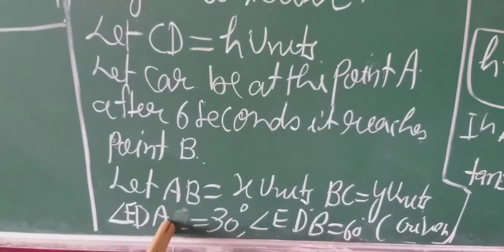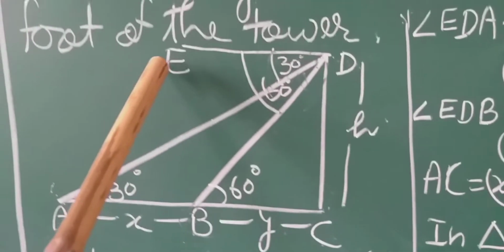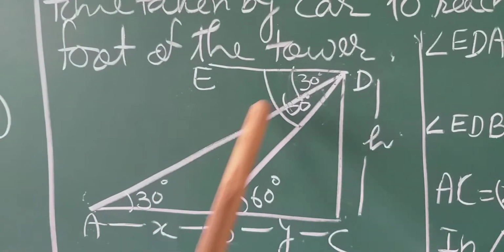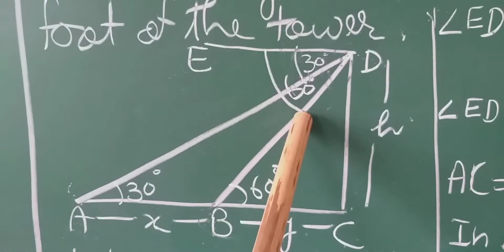Angle EDA equals 30 degrees and angle EDB equals 60 degrees, given.